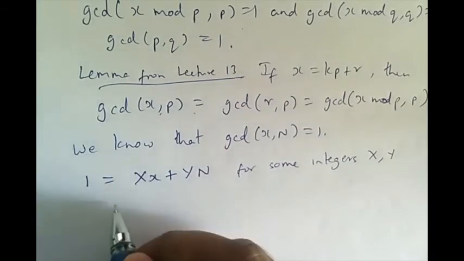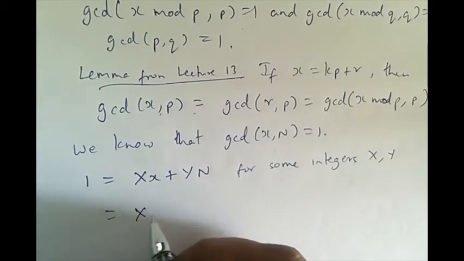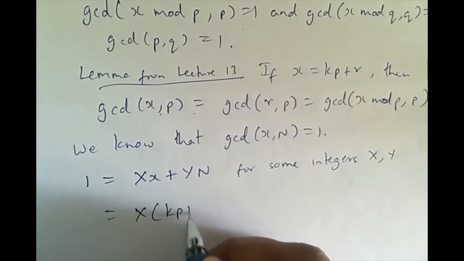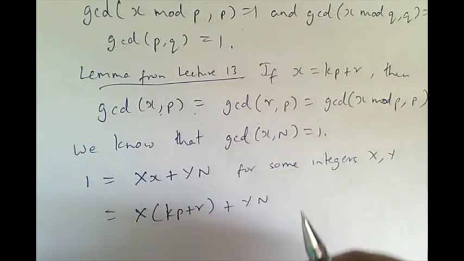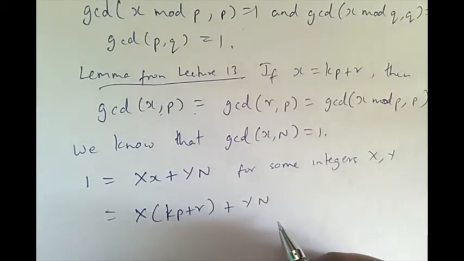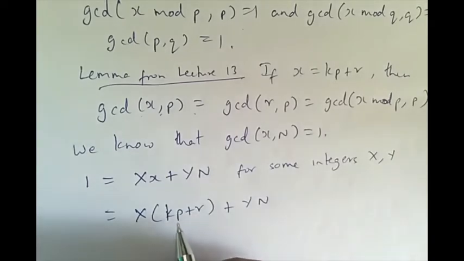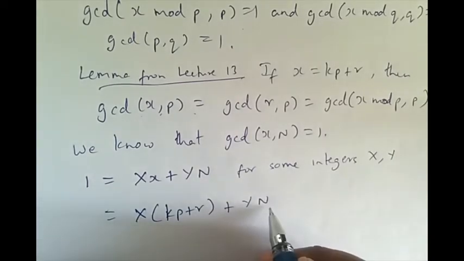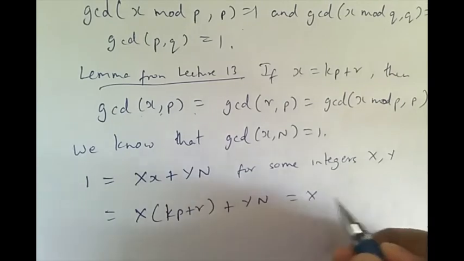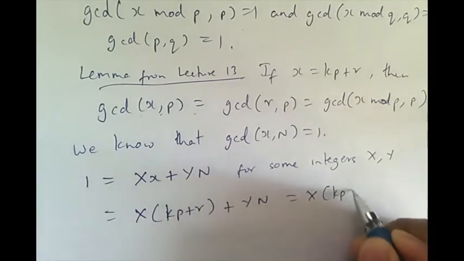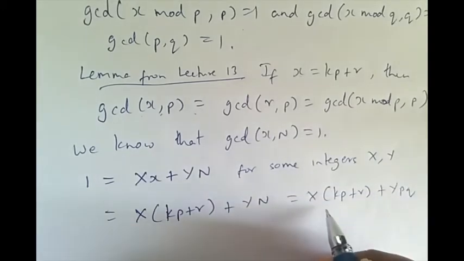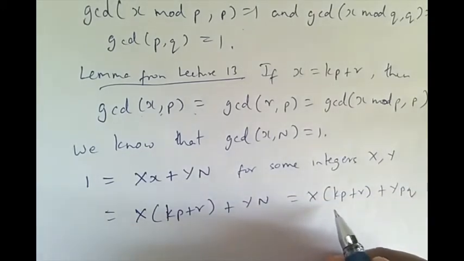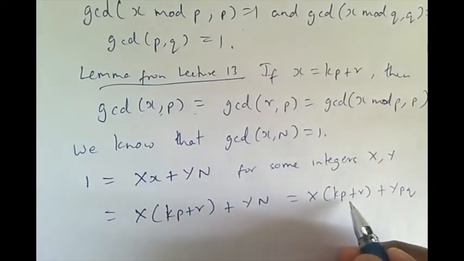And x is k times p plus r, where r is x mod p, plus y times n. So here I will expand n as pq, and I will collect the terms which involve p.